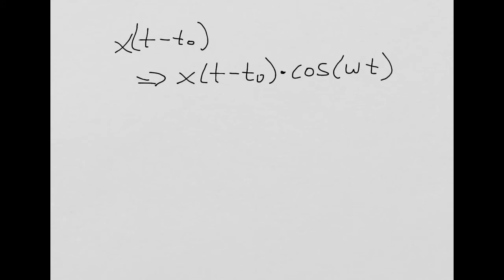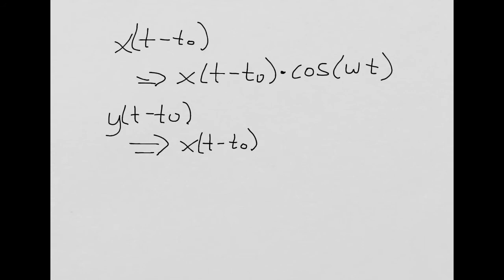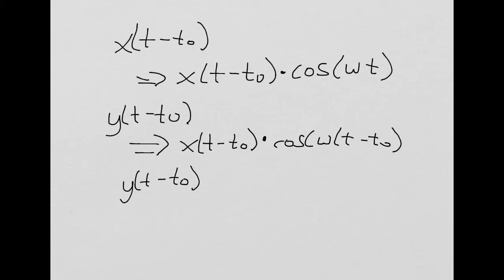And so knowing this now, our y of t minus t0 would go to x of t minus t0 times cosine of omega times t minus t0. And so this y of t minus t0 and x of t minus t0 are in fact not one and the same. So this is not time invariant.